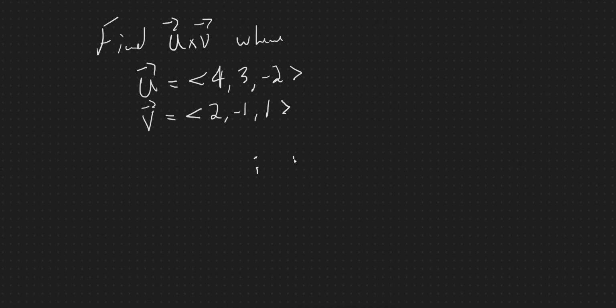So we have i, j, and k. And then I put my u vector, and remember the order: the first vector of the cross product goes in the second row, 4, 3, -2, and then v is 2, -1, 1. I guess it doesn't have to, but if you do this every time, you won't get it wrong. And then I'm going to compute the determinant of this matrix.